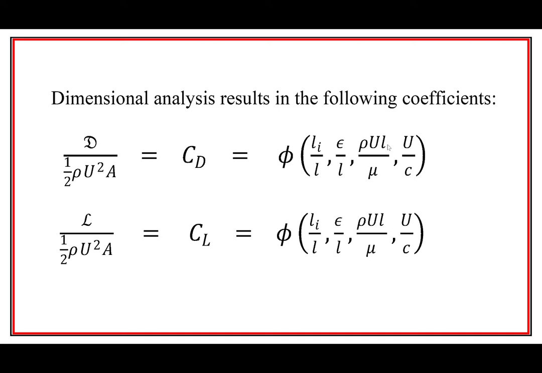So if we run some experiments according to the idea behind this, we can develop a drag coefficient or lift coefficient that are dependent on these parameters. You can see there's Mach number, Reynolds number, and a roughness ratio. And this Li over L is just some generic dimensional relation parameter, like a scale of width to length or something along those lines.